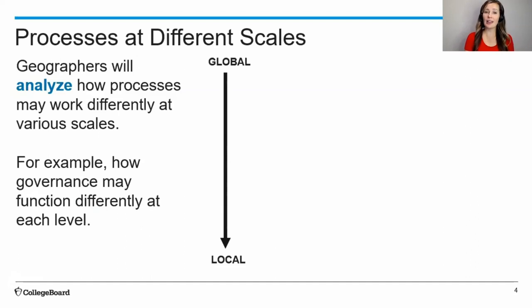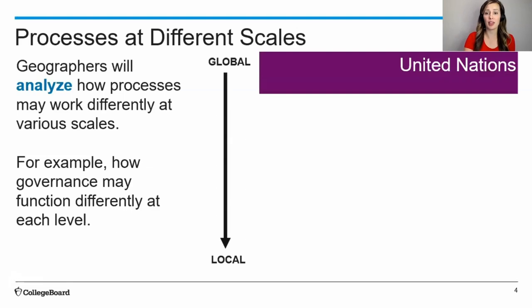Geographers may look at different processes at different scales. They may analyze how those processes may work differently at various scales. So for example here, I once again have global down to local. So if I were a geographer studying how something like governance works at different scales, I might start with the global scale. Seeing the United Nations, for instance, that would be a global level of governance.